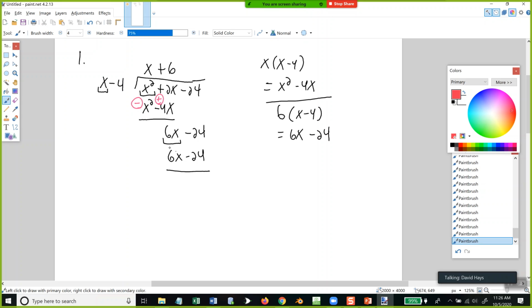Now we're going to subtract that line, which means we'll flip signs. So 6x becomes negative, the negative 24 becomes positive. A lot of you will do that step in your head. I can't show you steps in my head on the tablet here very well, so I'll write that out. So 6x minus 6x drops away, negative 24 plus 24 drops away, gives us 0. And our answer will be x plus 6.